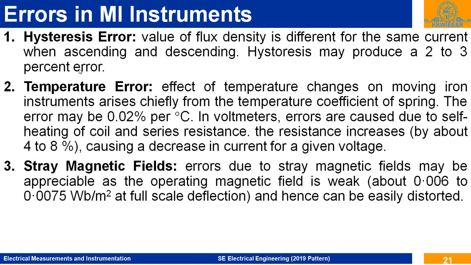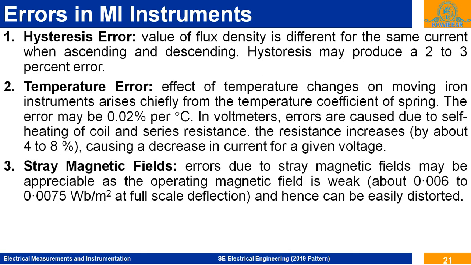Now we discuss the errors in the moving iron instrument. Hysteresis error: the area of flux density is different. As the magnitude of current increases from 0 to its maximum value, or decreases from its maximum value to a lower value, the hysteresis loops are produced, and there is a change in the hysteresis error.